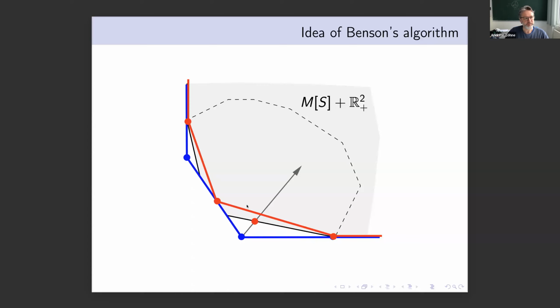But in the polyhedral setting, we can also solve the exact problem. So now I continue with the same idea, and after finitely many steps, I have an inner and outer approximation, and I also have a V and an H representation of this upper image.